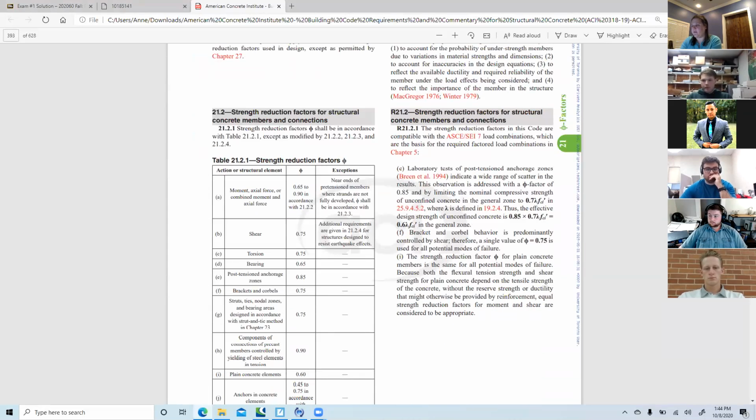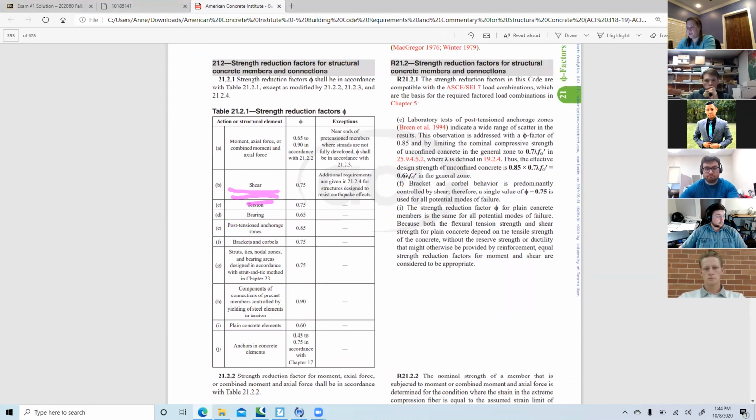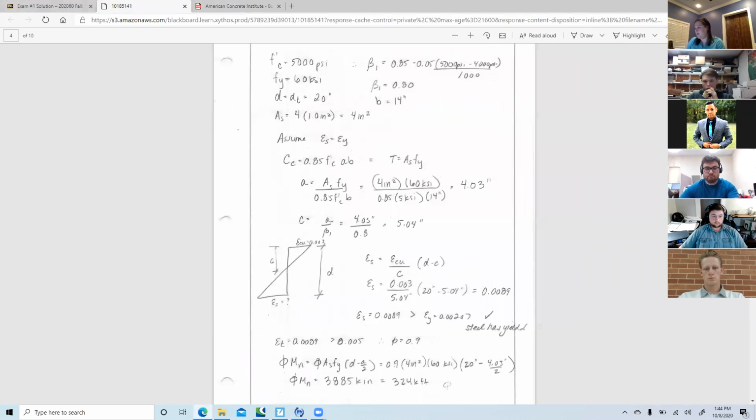It's moment, axial, or combined moment and axial. And nowhere on this chart does it say greater than 0.9 either. So just keep that in mind in calculating phi.